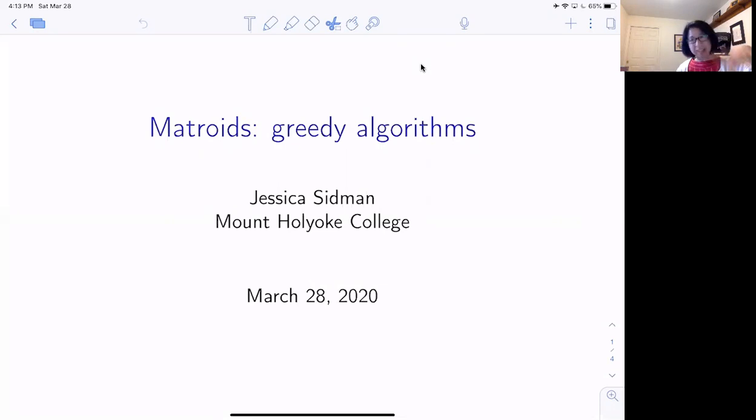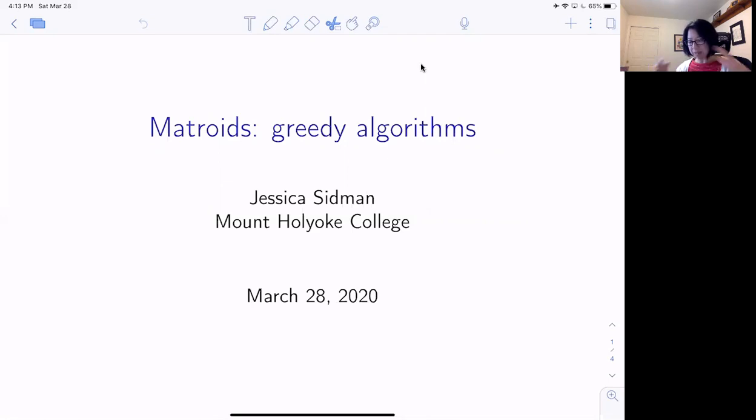Like there are linearly independent sets of vectors. There are sets of edges in a graph that don't have any cycles. Those are kind of independent. And then we know that there are independent sets of edges in a framework, okay?